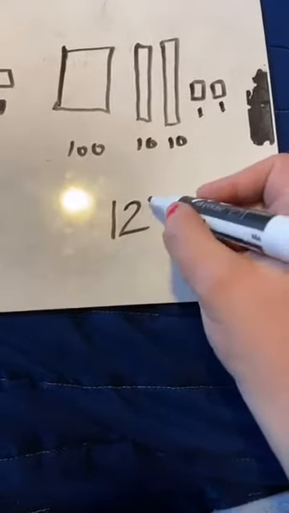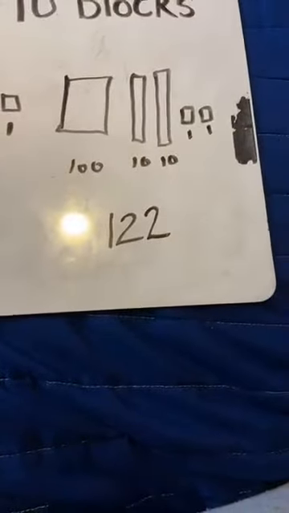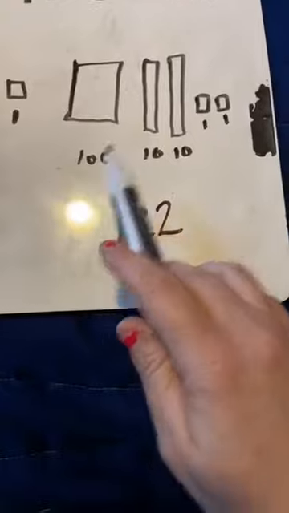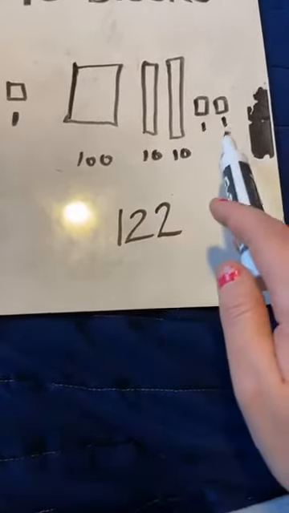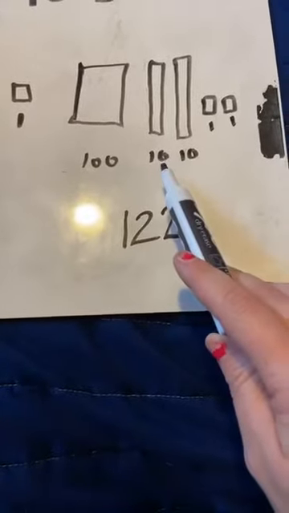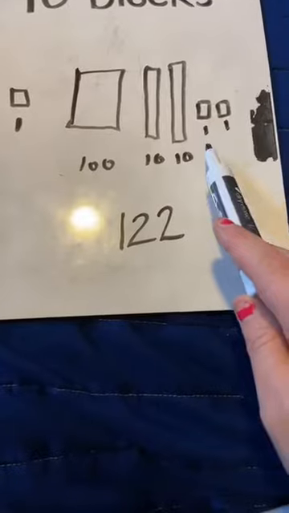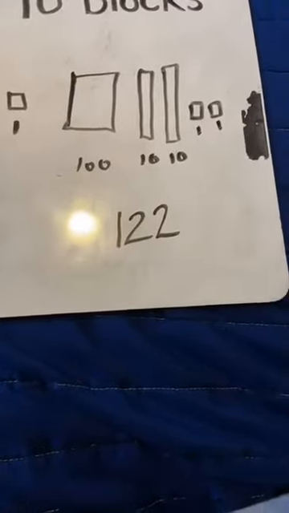You're right, I have 2. So if I were to add all of these up, my number would be 122, because I can do that. Here's 100, here's 110, here's 120, 121, and 122.